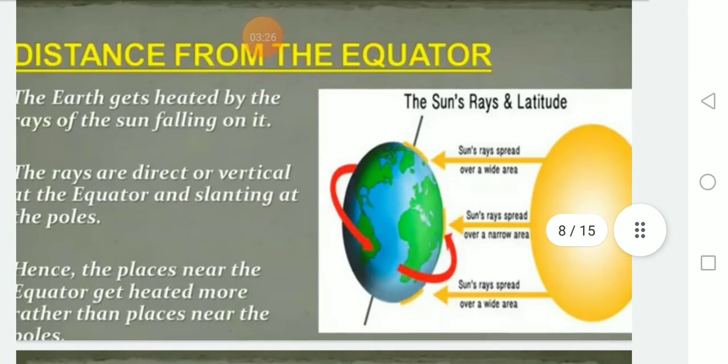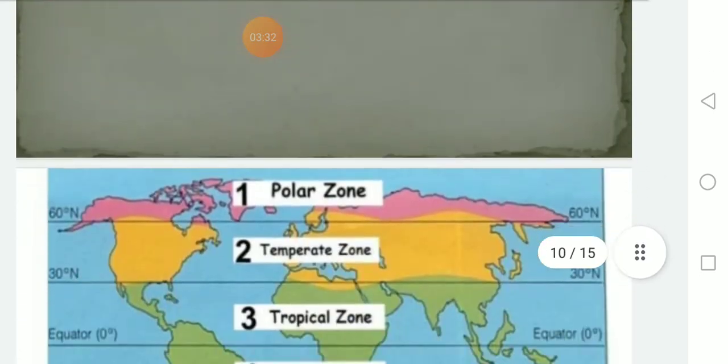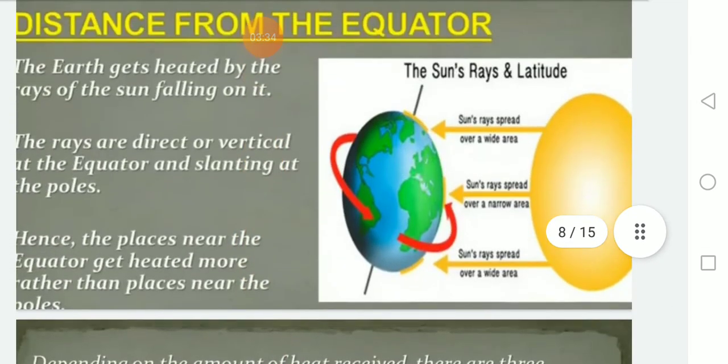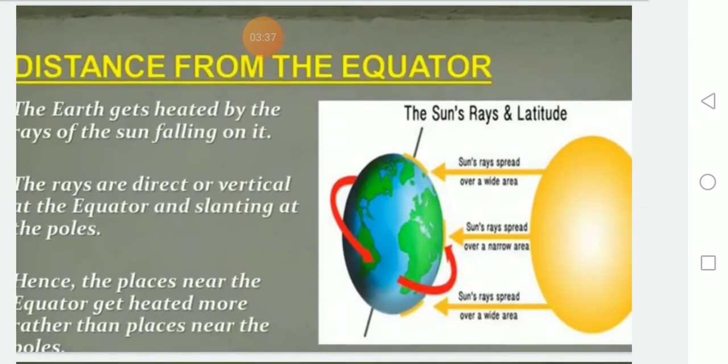First, distance from the equator. The earth gets heated by the sun's rays. As you can see in this picture, the equator is an imaginary line which divides the earth into two parts.